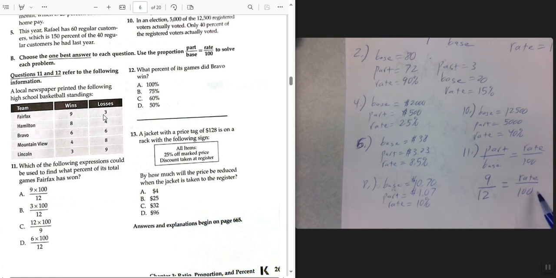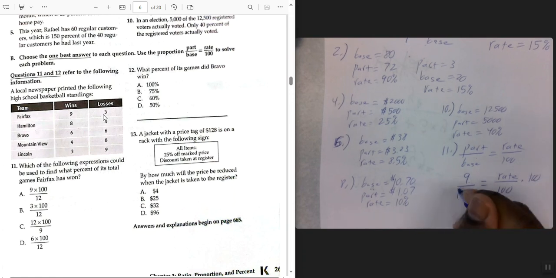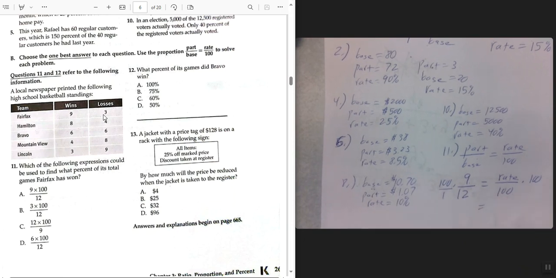To get rate by itself, rate is divided by 100. So we take the opposite operation that's connecting this 100 to rate. The opposite operation of division is multiplication. So we will multiply each side by 100. And we can put this 100 over 1.